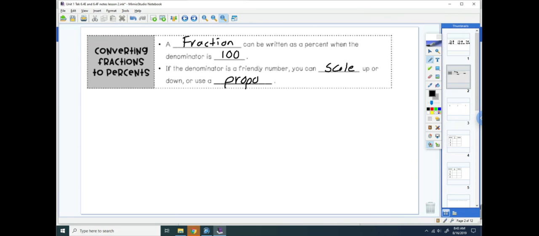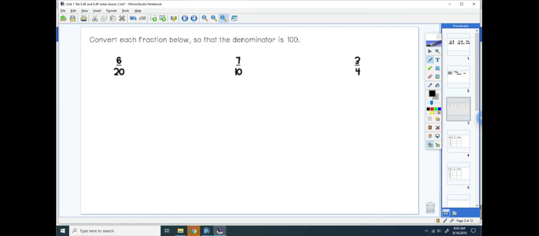That word proportion, you're going to hear a lot in 6th, 7th, and 8th grade. So we're going to be doing a proportion, and I'll show you how to do that on our next slide. Here we are going to convert each fraction below so the denominator is 100.